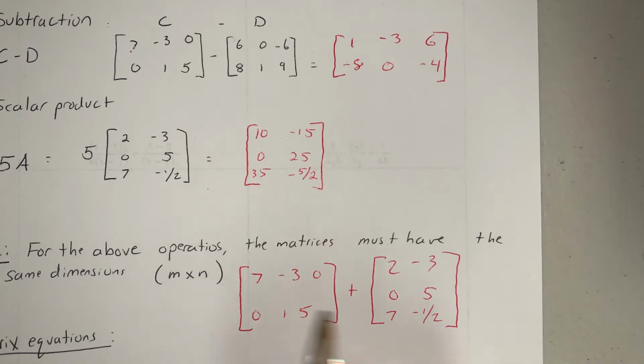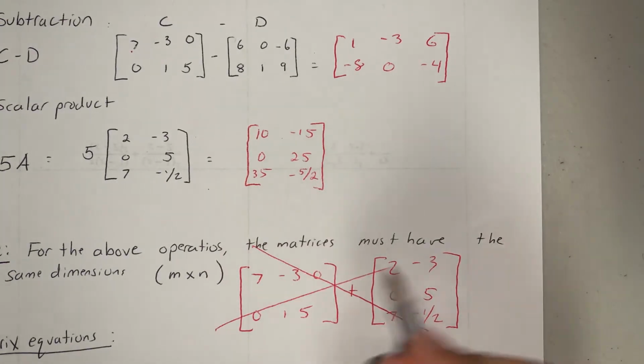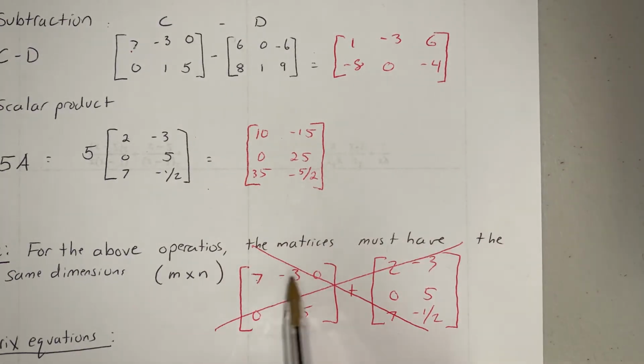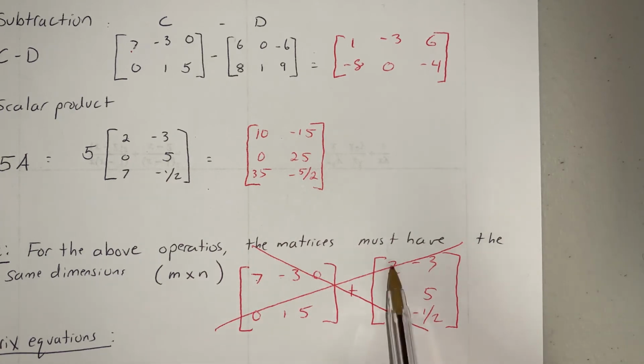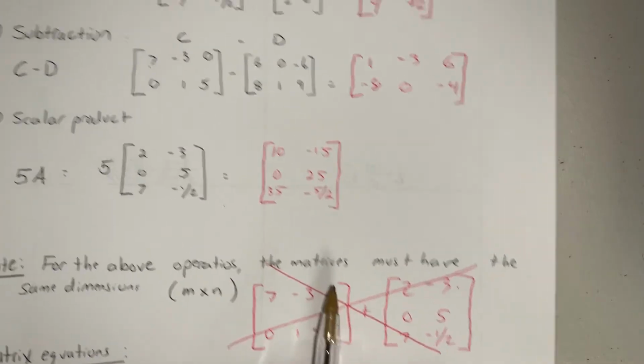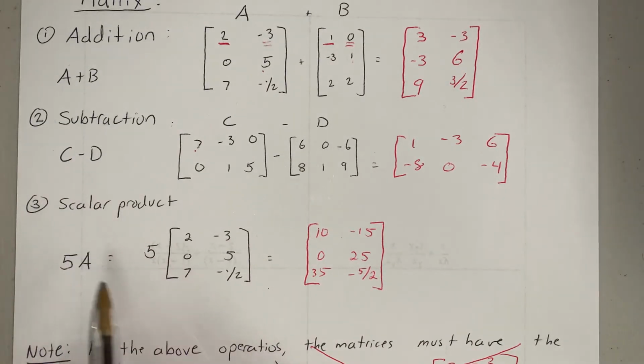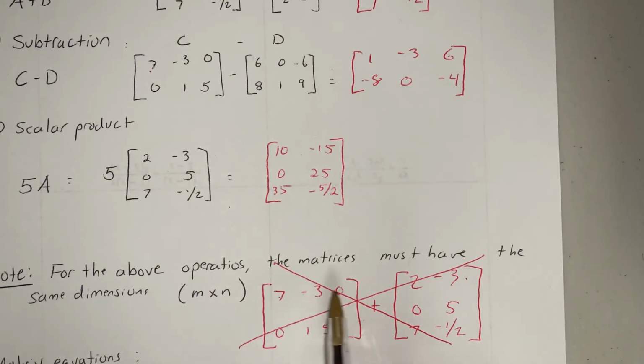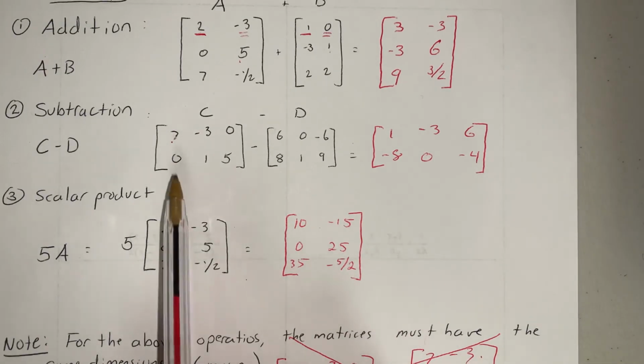You could not do this, because this has 3 columns and 2 rows, and this has 3 rows and 2 columns. So you cannot do addition or subtraction if the matrices are not the same dimensions. And we saw in the examples that they all had the same dimensions.